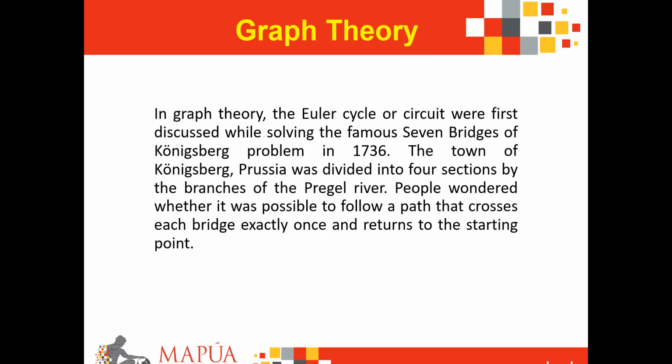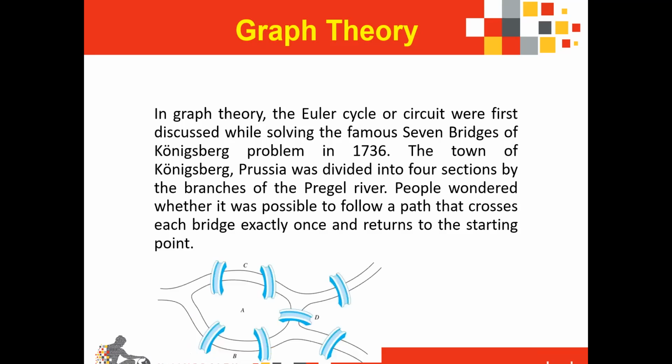In graph theory, the other very common cycle or circuit is known as the Euler circuit. This time, the Euler circuit was used to solve the famous 7 bridges of Königsberg problem in 1736. The town of Königsberg, which was in Prussia before, was subdivided into 4 sections by the branches of your Pregel River.